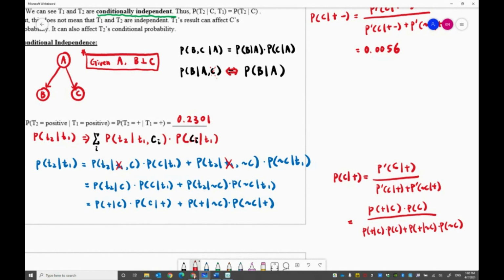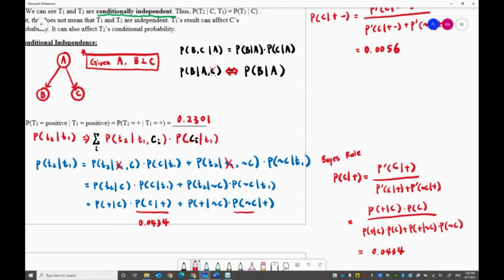So I can use Bayes' rule: flip times prior over flip times prior plus the same with not C times not C, by the rule. Now each one you already know the numeric values. If you calculate this, you're going to get about 0.0434. Okay, so I'm going to plug in 0.0434 for the probability of C given positive.